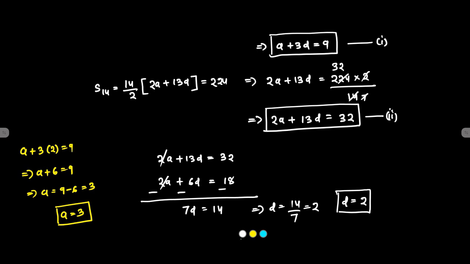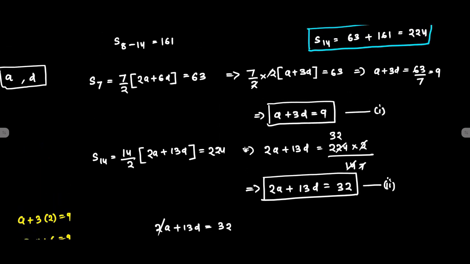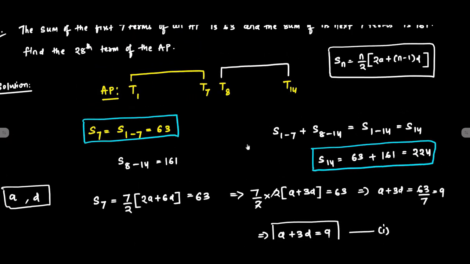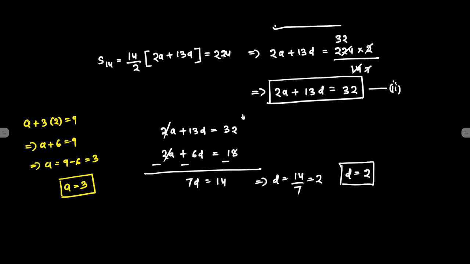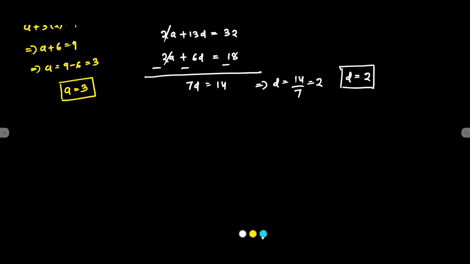Now it is originally asked in the question to find out the 28th term of the AP. So again we have to go back to the general nth term formula. Tn is equal to a plus n minus 1 into d. So we have the values of a, d and n.